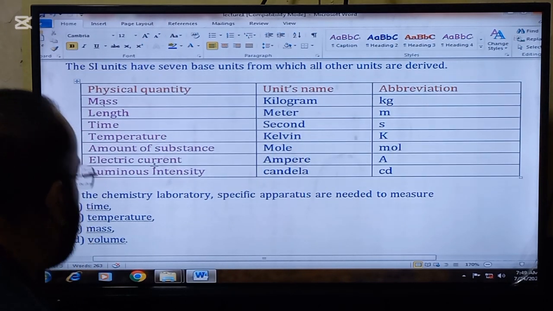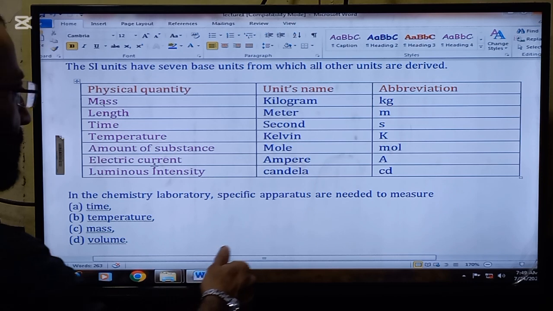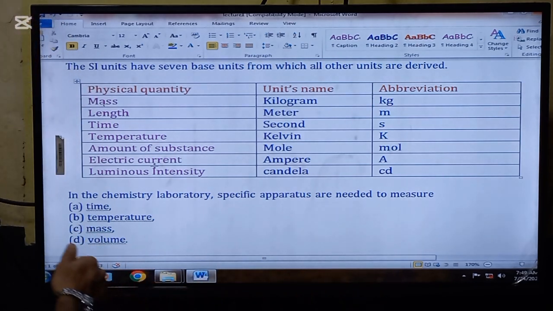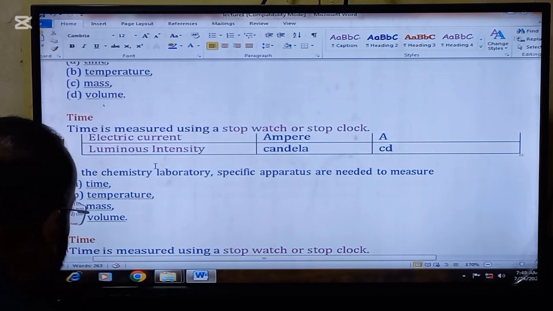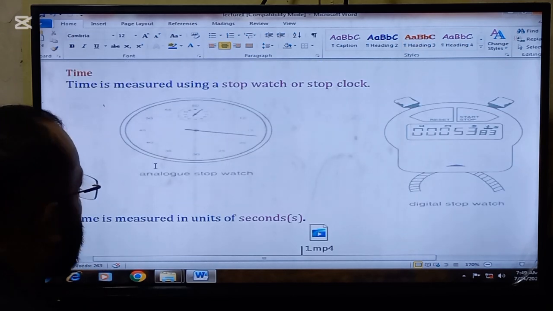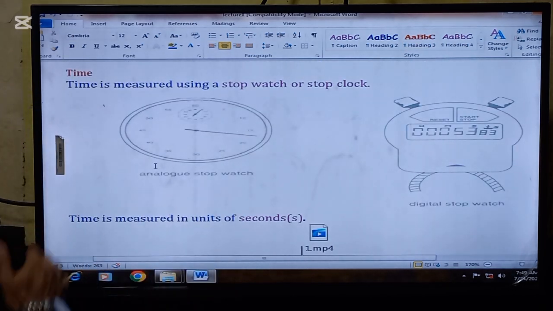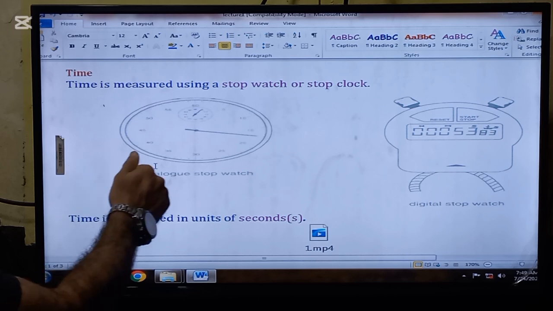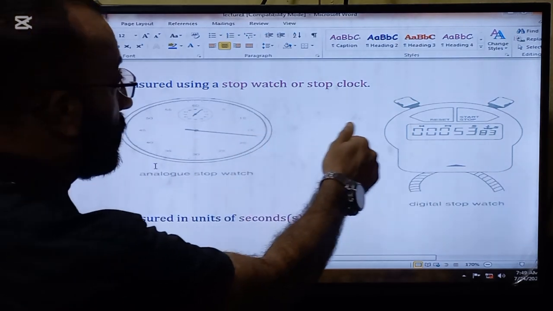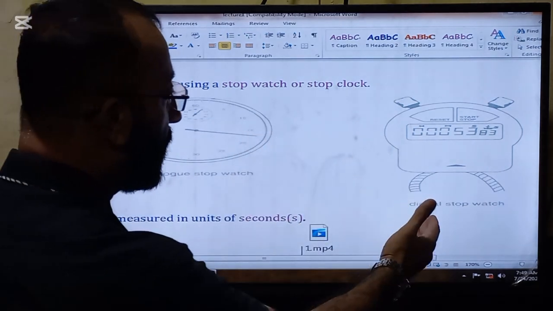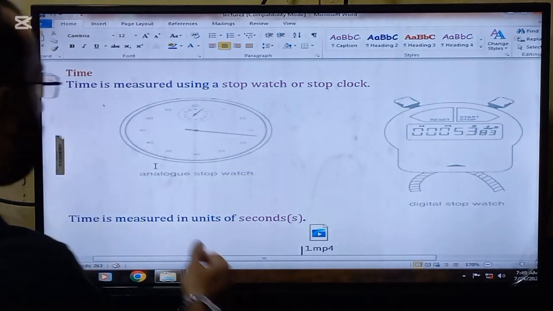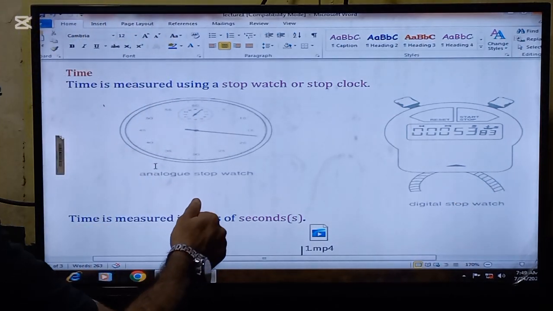Okay, in the chemistry laboratory, specific apparatus are needed to measure time, temperature, mass, and volume. The first thing that we are going to read is time. Time is measured using a stopwatch or stop clock. This is a digital stopwatch and this is an analog stopwatch.